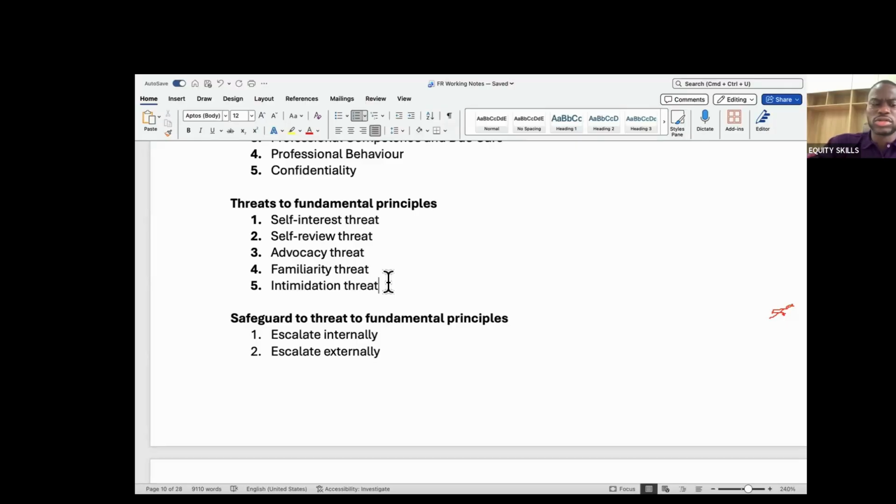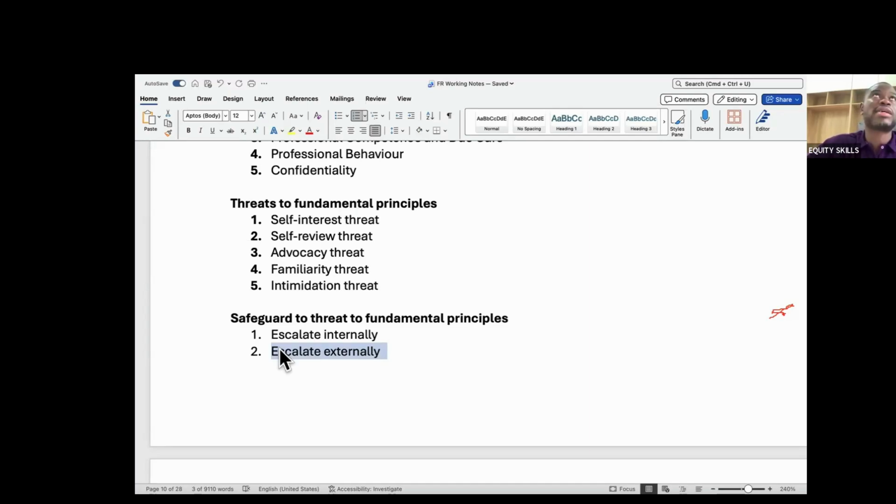Tell them that this is wrong, that you cannot do this. Escalate. And you can also escalate externally. A lot of entities also have policy for escalating to regulators, to relevant parties, depending on situations.